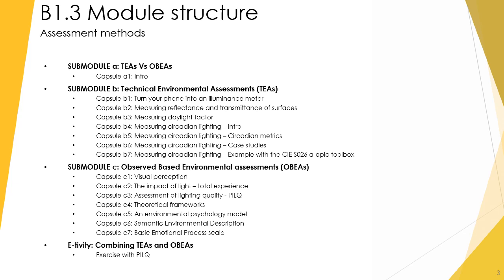And finally, I will show you how to use the CIE S026 Alpha Opic toolbox to measure the melanopic equivalent daylight illuminance in office space. In this case, I will show you the example of my own office in Lund.